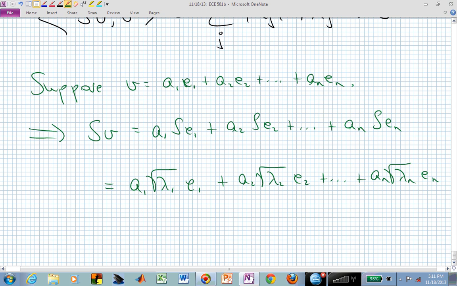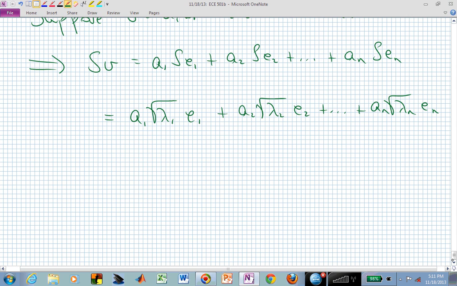If we now look at the other one, C implies D, this one's easy because I think it says, well, what was D? T is supposed to be self-adjoint or has a self-adjoint square root.